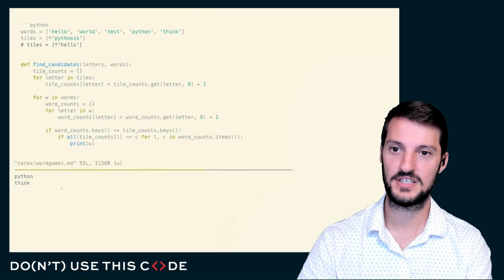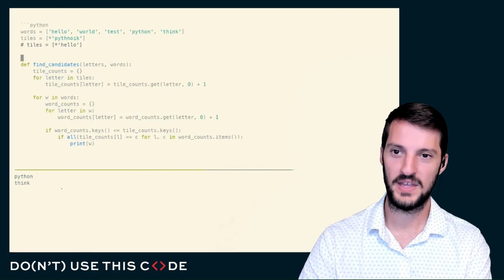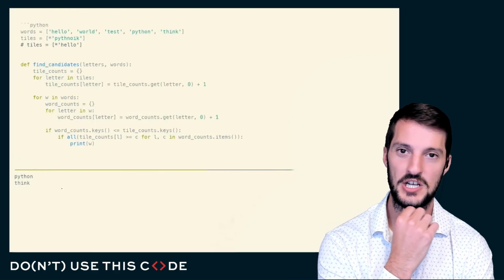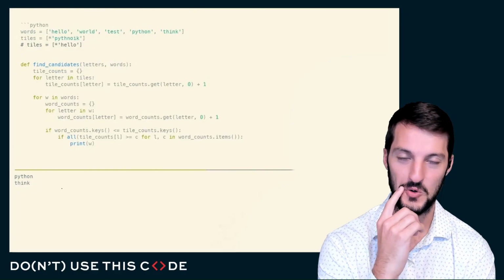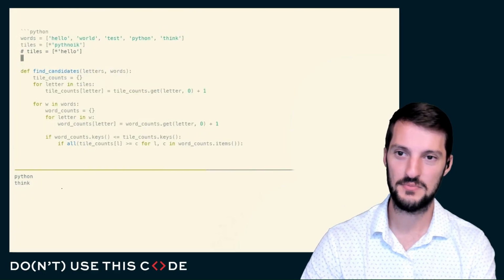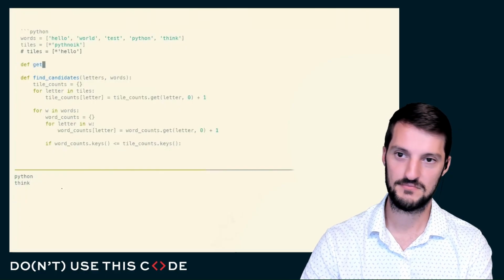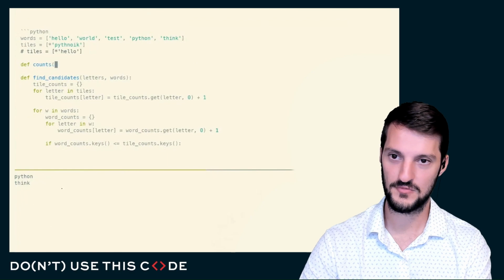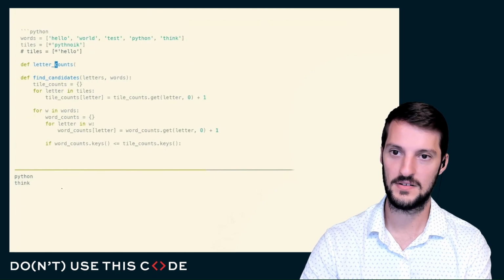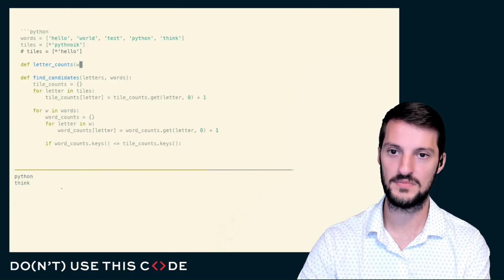So we have our tile counts here, and you can see I'm actually reusing the same piece of logic. I would say that this isn't just incidental or coincidental repetition. This is intentional. So maybe I'll refactor this to a function, maybe counts or letter counts here. And then we would provide a word or some text.